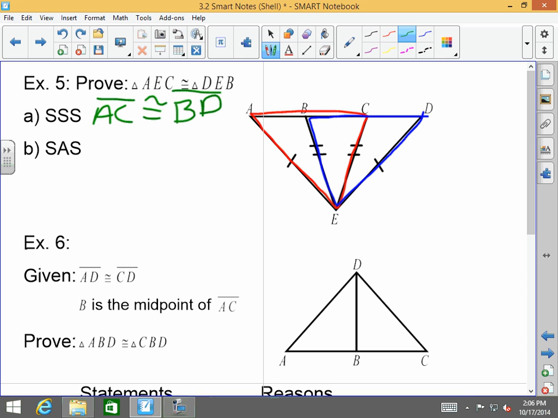What if I wanted to prove the same triangles congruent, gentlemen, but with side, angle, side? Yes, sir. Be careful with this one, how you articulate it. Angle AEC, this guy right here, must be congruent to angle DEB, which would be this one right here.